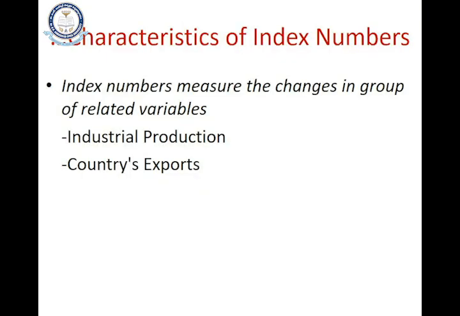Another characteristic of index numbers is that they measure the change in a group of related variables. As I told you, an index number always measures the relationship between two periods, for example industrial production, the country's exports, economic aspects, and so on. Say, last year industrial production increased this year.